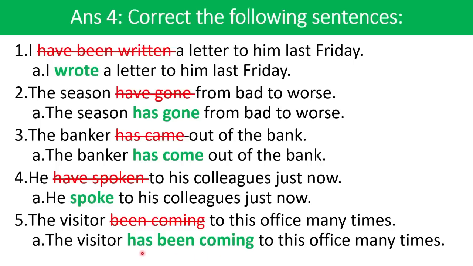Perfect you have has, continuous you have be, and you have the ing form. So this one I did not test in the earlier sentences, but in the last sentence I gave it to you just to remind you that you can also watch the video on perfect continuous tenses of lexical verbs. The visitor has been coming to this office many times.